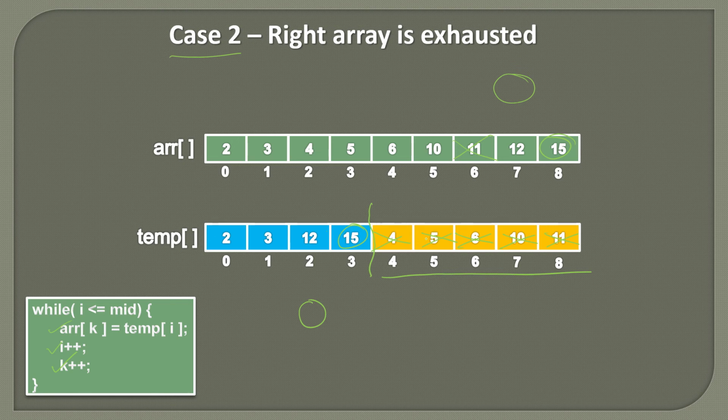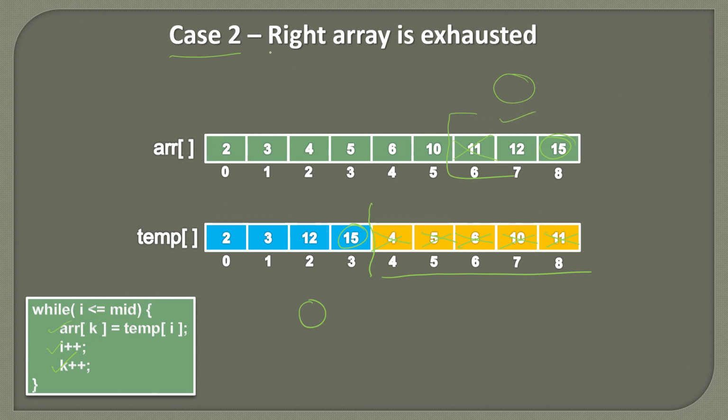So friends, here we need to keep these two cases in mind, that if the left array is exhausted we do nothing, because when we copied the elements into the temporary array, when the left array got exhausted, the right array leftover elements were already present in the original array and that too in sorted form.